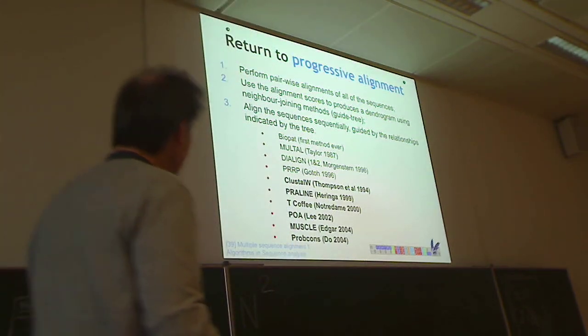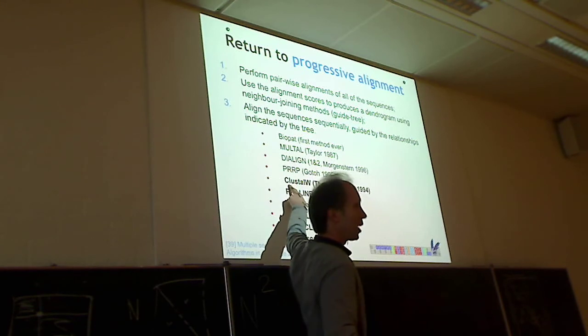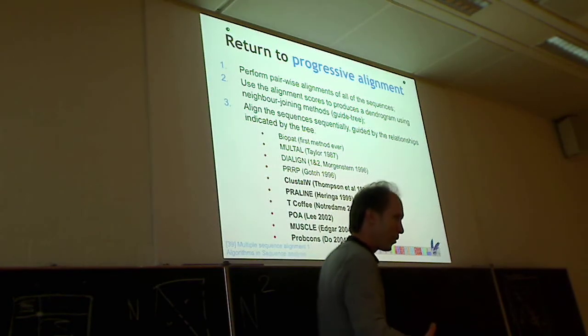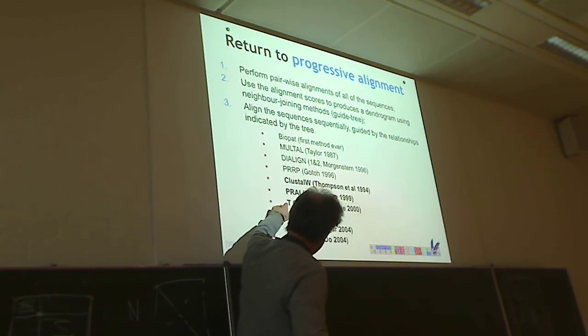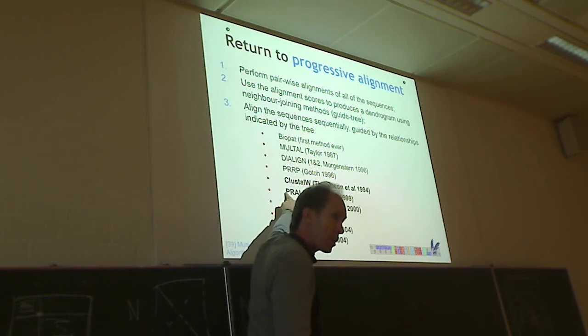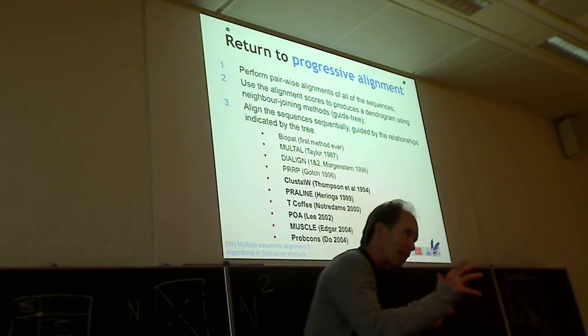Willie Taylor very early on made a program. Des Higgins was in. Clustal was there earlier, but his enormously cited paper was '94. And this is something I was involved with when I was in London, and this is the one we're still developing in our kitchen here in Amsterdam. So it's okay to criticize, don't mind, but do it carefully, okay?